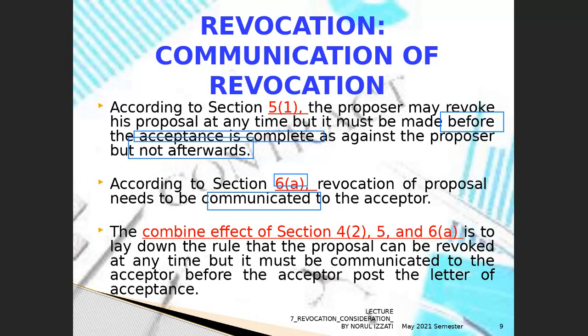Now, if we are referring to the postal rule, this is a rule I would like everyone to take note of as well. The postal rule, according to English common law, says that once you post, it is considered valid. Once you post, it is considered reached.